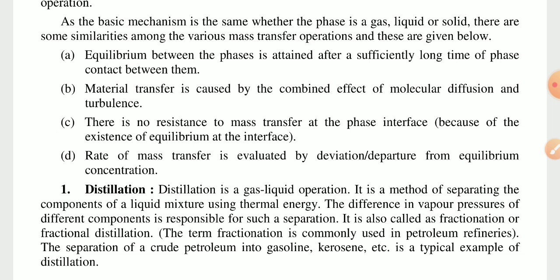Material transfer is caused by the combined effect of molecular diffusion and turbulence. There is no resistance to mass transfer at the phase interface because of the existence of equilibrium at the interface. The rate of mass transfer is evaluated by the departure from the equilibrium concentration.